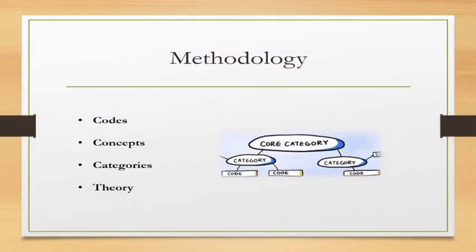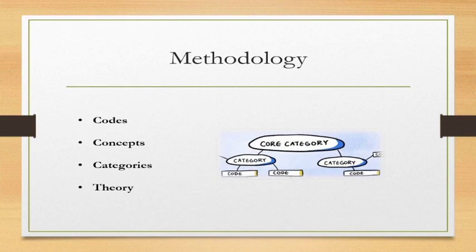Its methodology possesses four stages. The first stage is the code stage, which consists in identifying anchors that allow the key points of the data to be gathered. The second stage is the concept stage, which consists in collections of codes of similar content that allow the data to be grouped.